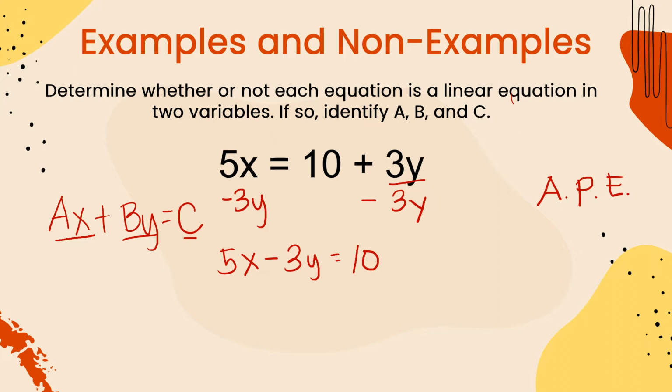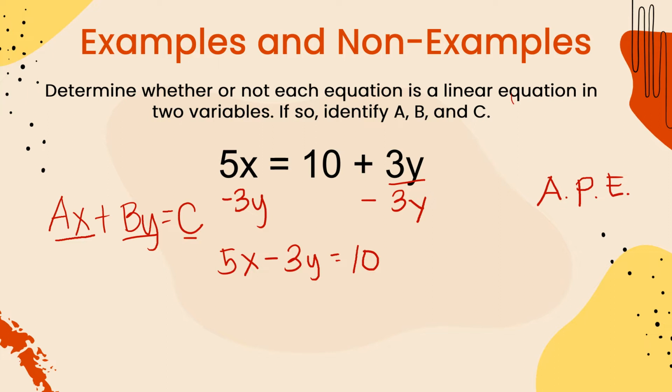At pag ganun ang nangyayari, wala namang problema as long as magpapalit tayo ng sign. Kaya kung mapapansin nyo, si 3y nung nasa right side ay positive at nung nilipat natin sa left side, siya ay naging negative. Now, ang form niya na ay 5x minus 3y is equal to 10.